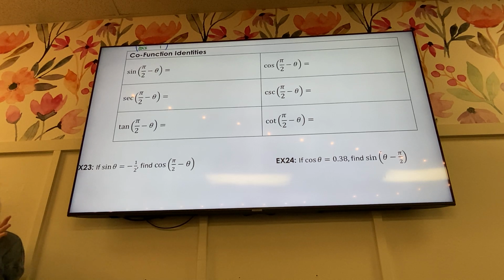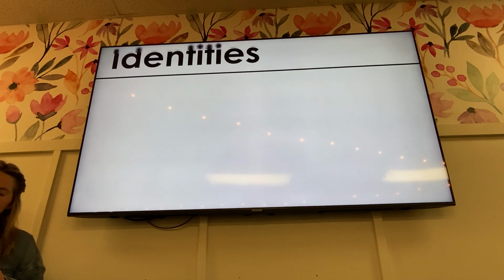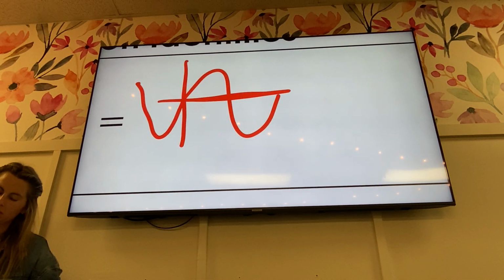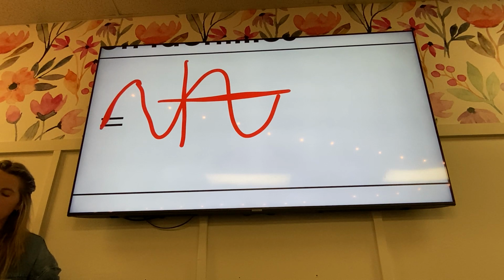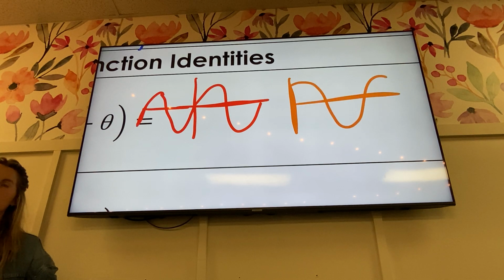Now we have our cofunction identities. My cofunction identities are going to come from shifting my graph. Let's think about sine and cosine real fast. The sine graph goes like this, and the cosine graph goes like this.